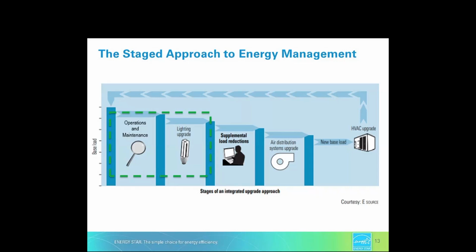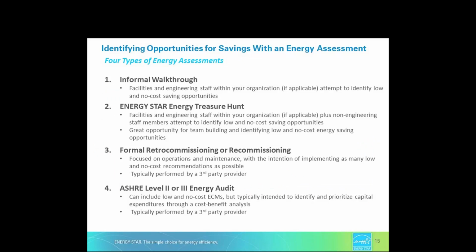So let's start with operations and maintenance, or O&M. Improving operations and maintenance of your building often starts with an energy assessment. Certainly, it's not absolutely necessary to do an energy assessment. There are plenty of best practices. We have checklists and guidelines.